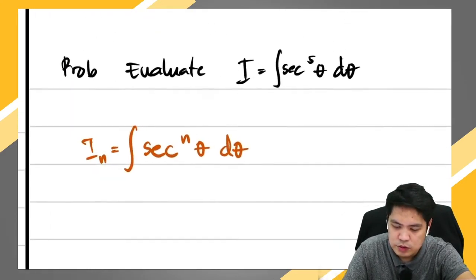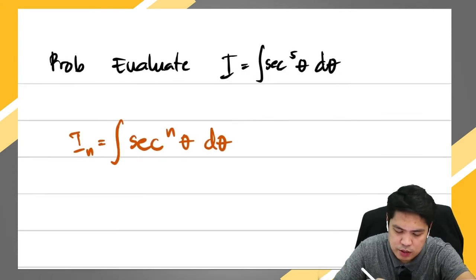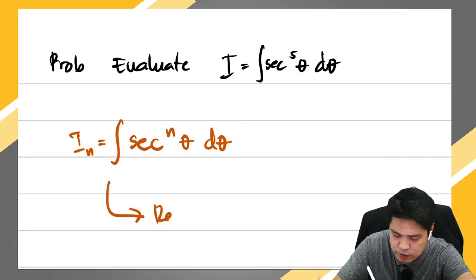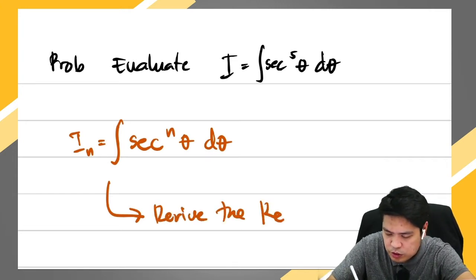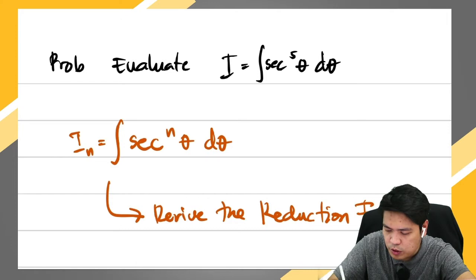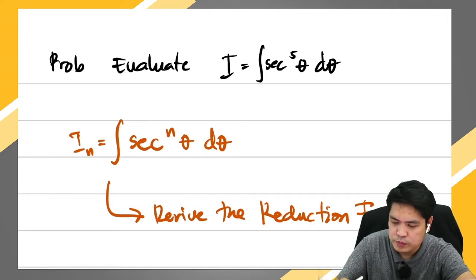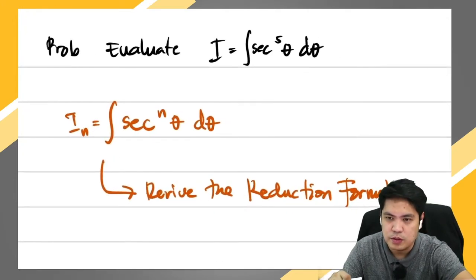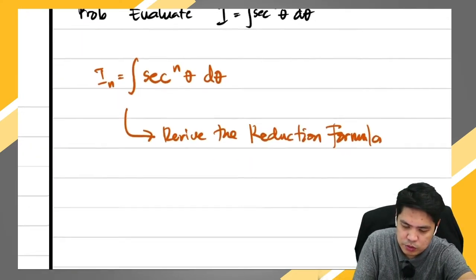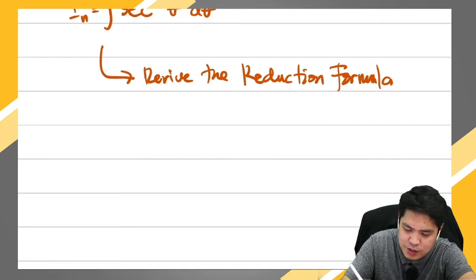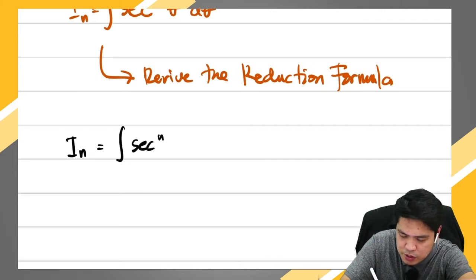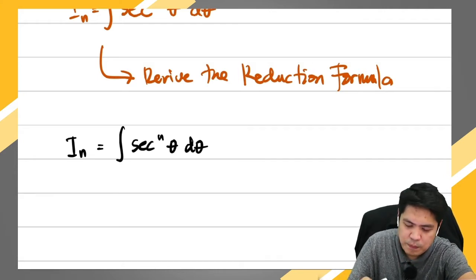Okay, para ang gagawin natin, we'll just derive the reduction formula for this. Okay? So how do we do this? Yun nga. We'll start with having I sub n equal to the integral of secant raised to n theta d theta.